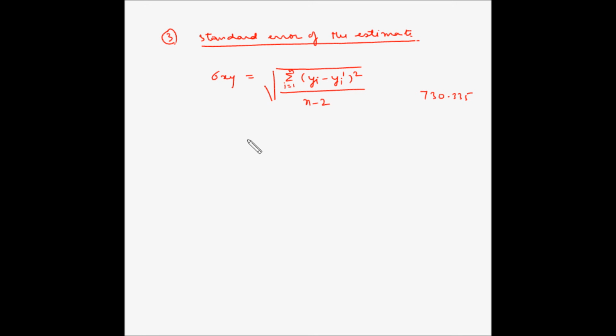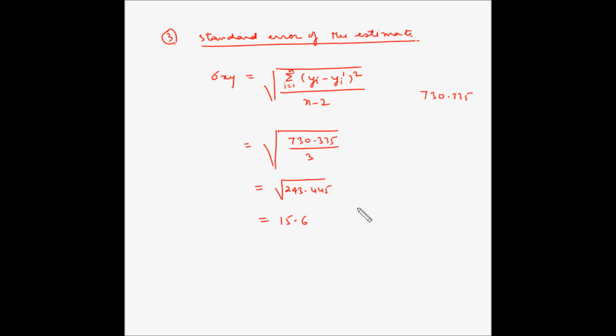So let us substitute this value. 730.335 divided by n minus 2. N is 5. 5 minus 2 is 3. So this is equal to square root of 243.445. And this is equal to 15.6.